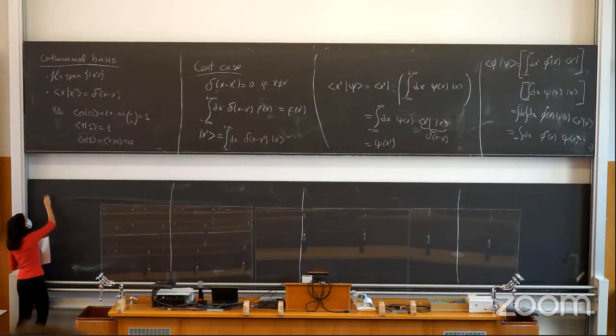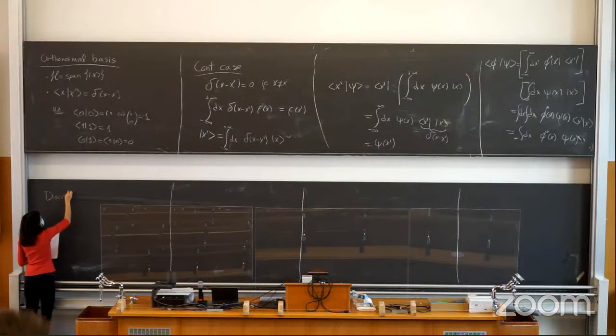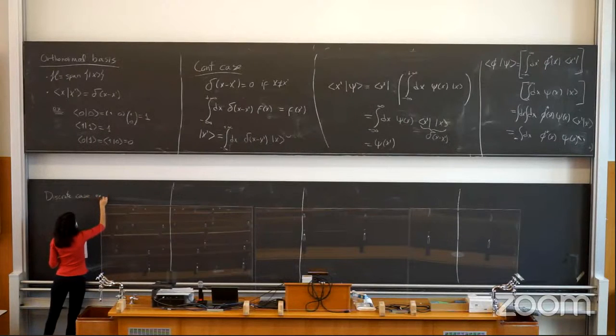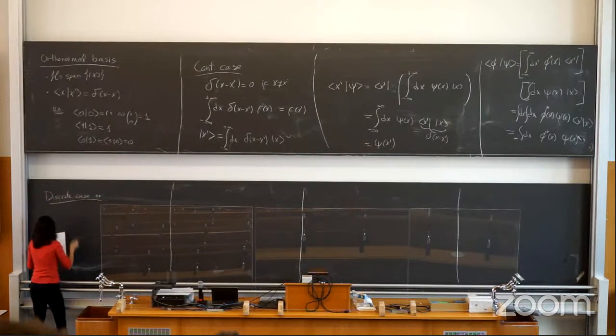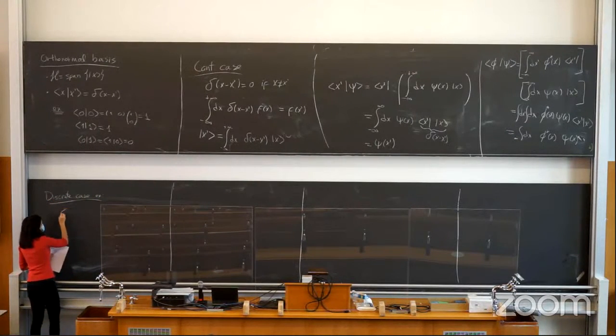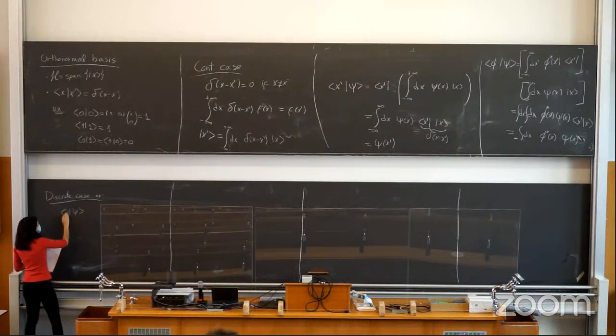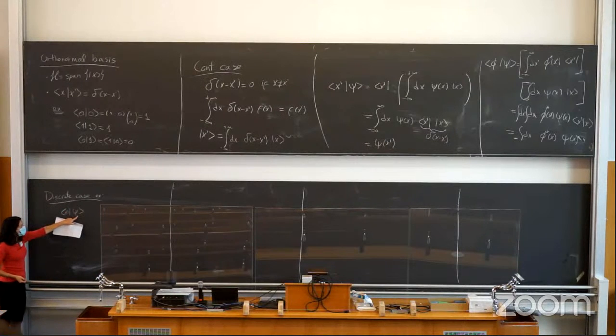So again, continuing in the discrete case, for example, I can again recover the wave function by doing this inner product of x with my state, because now x, for example, we looked at the qubit, and x is 0 or 1.